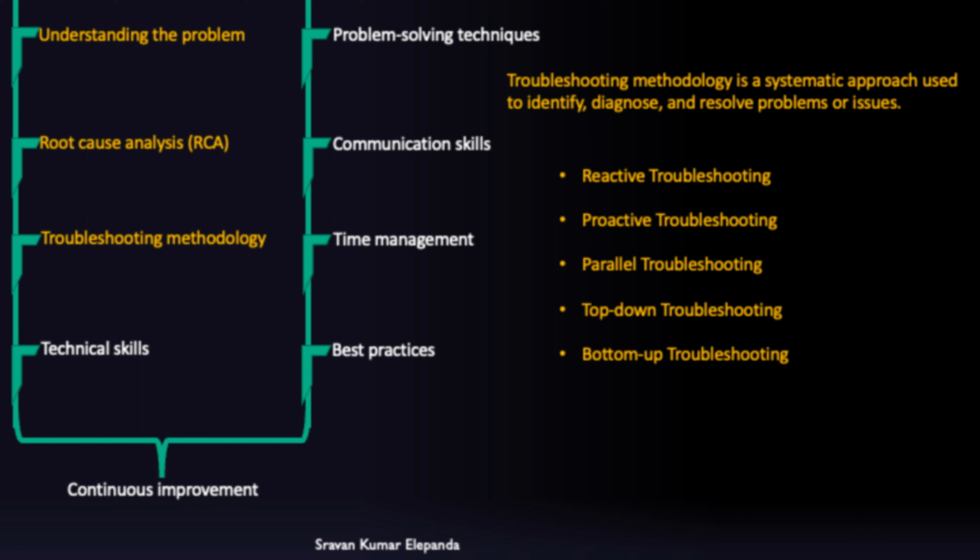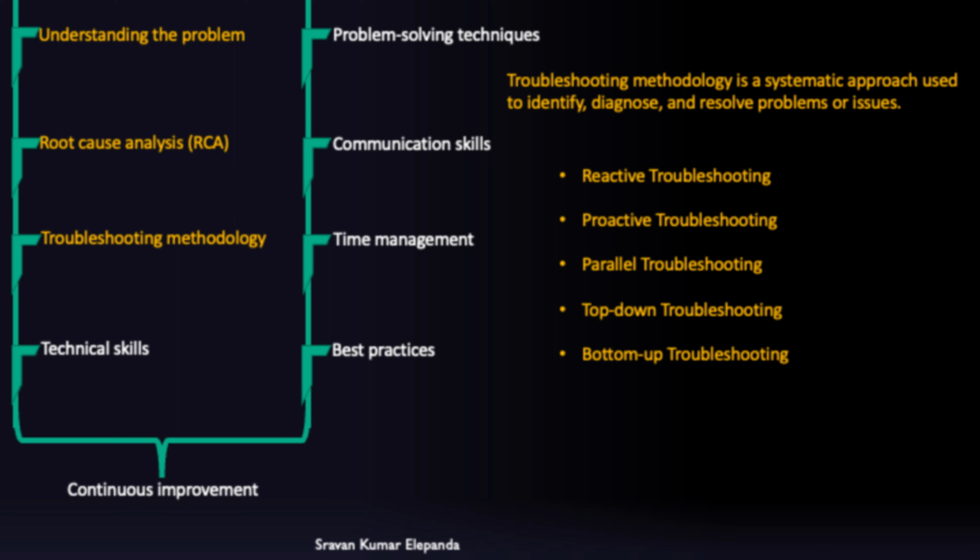Top-down troubleshooting is a high-level approach that starts with the symptoms of the problem, and then you go downward to identify the root cause. So it is more about listening to the customer or a user who has reported, then going one at a time in an approach. This type of troubleshooting is used in situations where the cause of the problem is not immediately apparent.